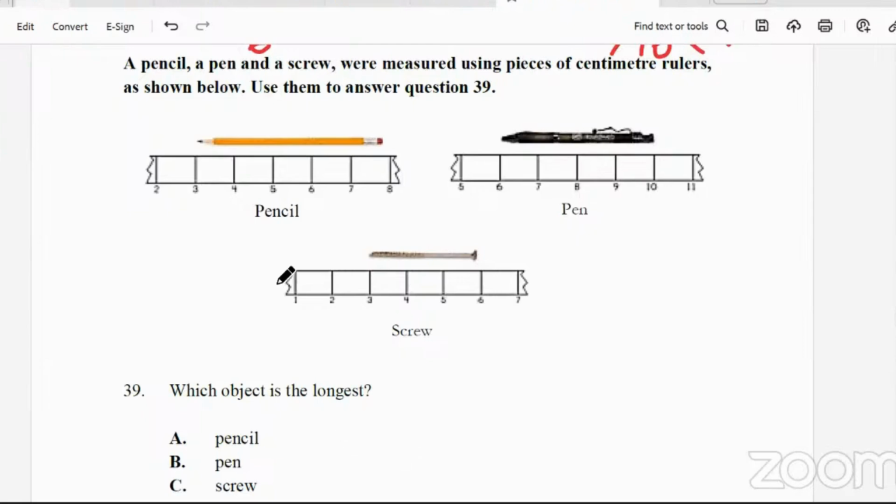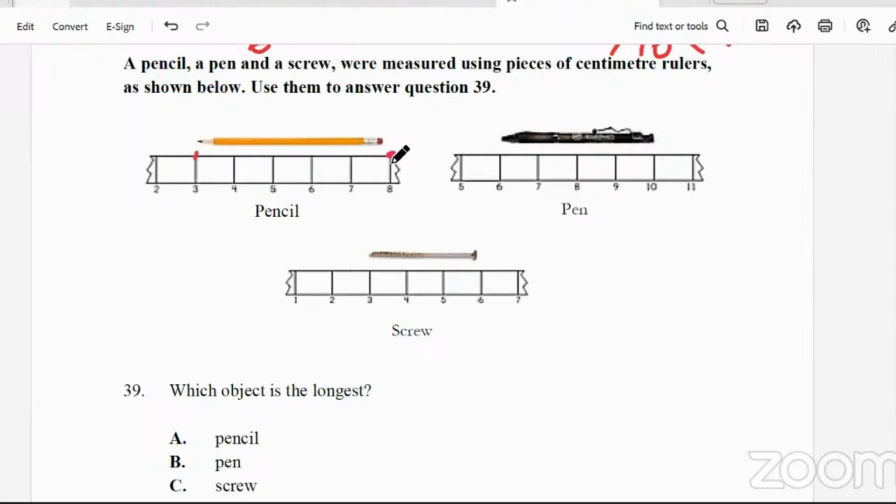Now, if you are going to be measuring the length of each, the pencil starts here and it ends here.